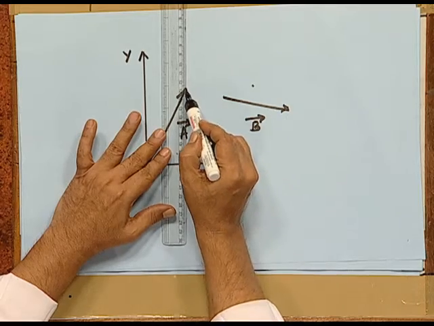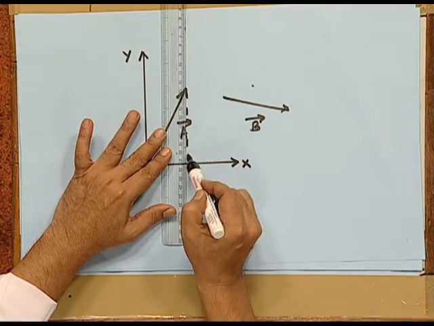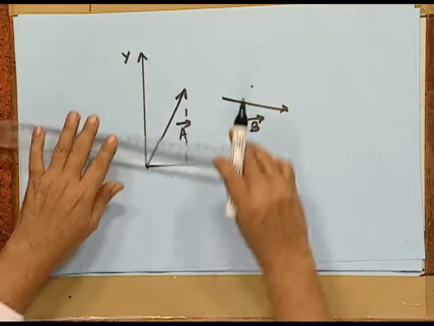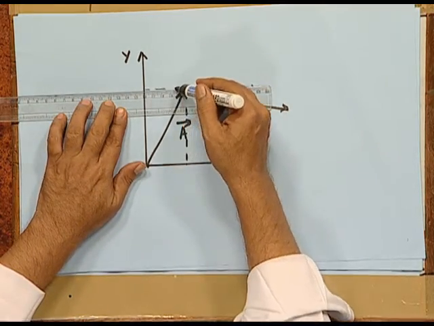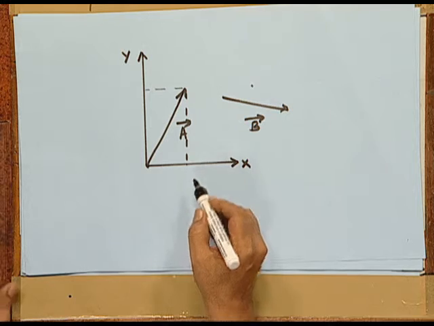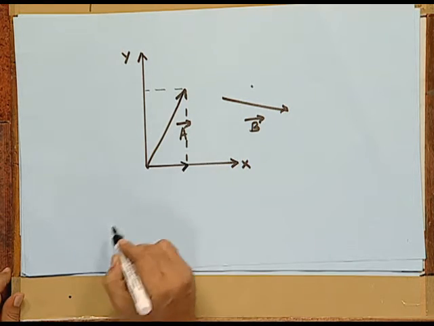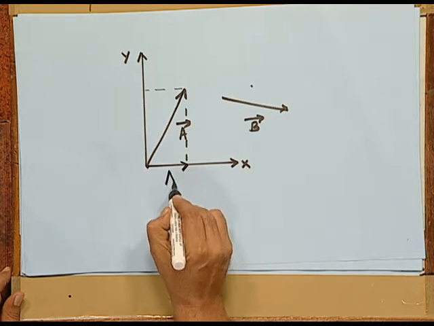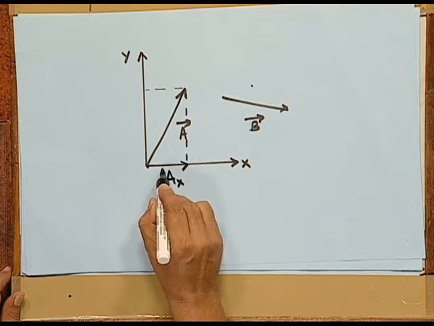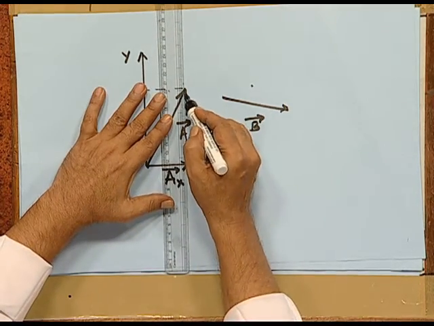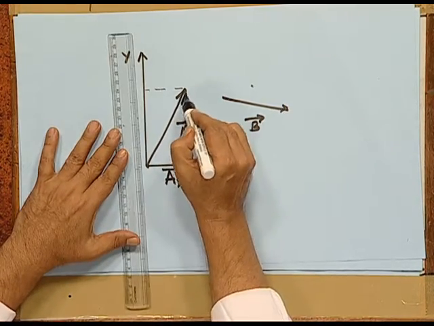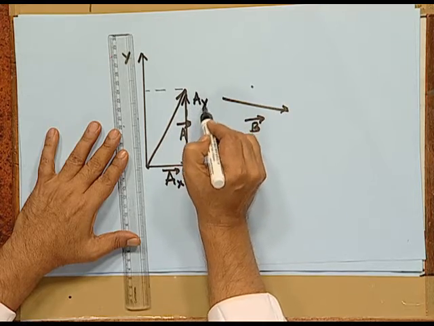Just drop a perpendicular to the x axis. Similarly, drop a perpendicular to the y axis. Now, call this the A x vector, and this the A y vector.